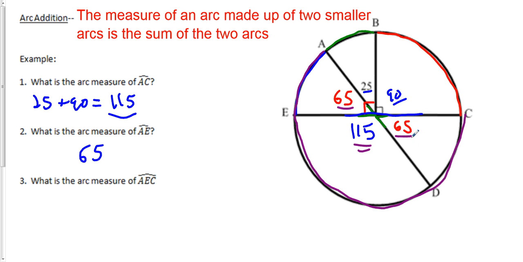Luckily, we know that these two already would be a straight line, so those are 180 together. So we just need to do 180 plus 65. Which is going to come out to 245. So AEC would be 245.